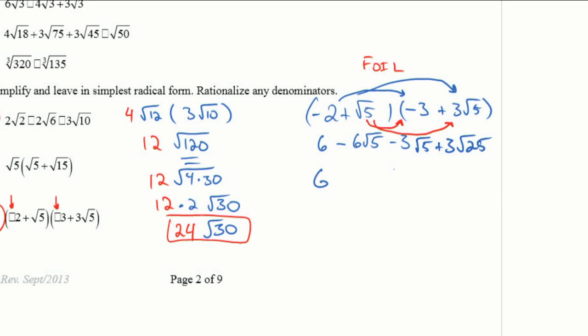So the 6, negative 6 root 5, combining like terms, negative 9 root 5. And then 3 times the square root of 25 is just going to be 3 times 5. So it's 15.